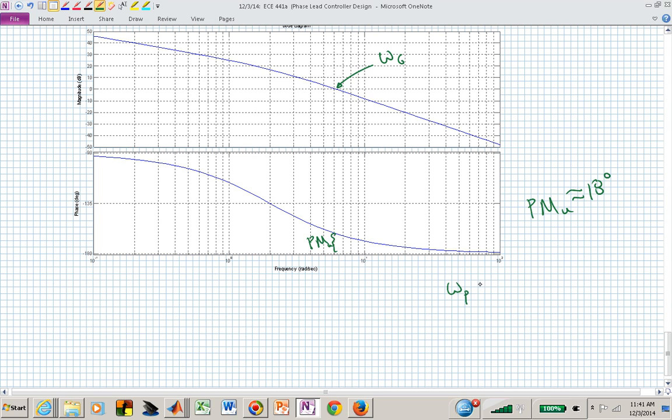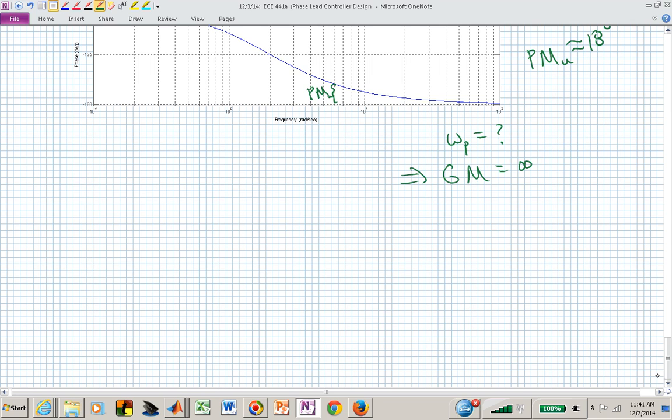So our omega sub p we don't have, which says that for this system we have a gain margin that's infinite. And that's actually what MATLAB was telling us. Now that we know this, we can move on with our steps of the controller design.